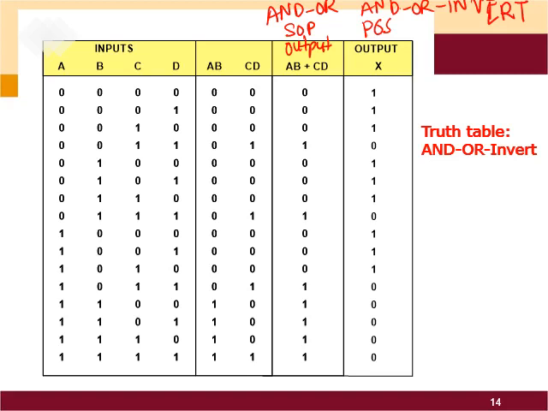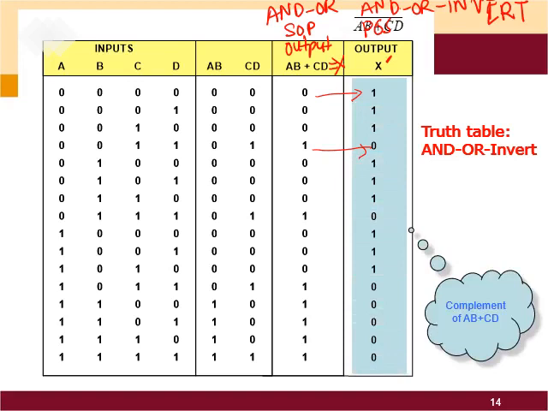Let's say this is x. If this is x, now this becomes x bar. This is the NOR invert. So all the 0s become 1, all the 1s become 0. That is the first step. So we complement our output, it becomes x bar, and we have the NOR invert.